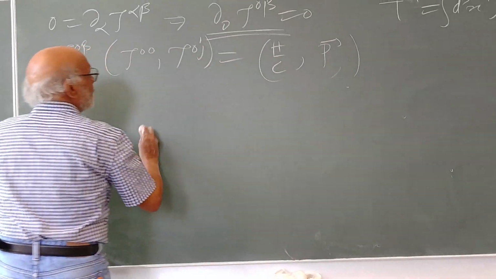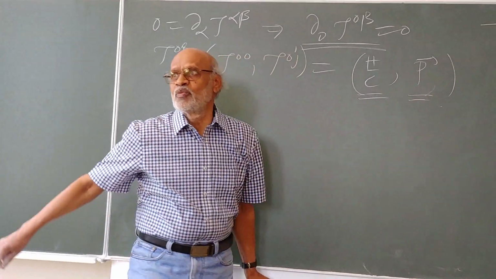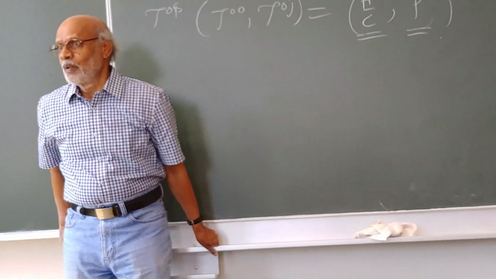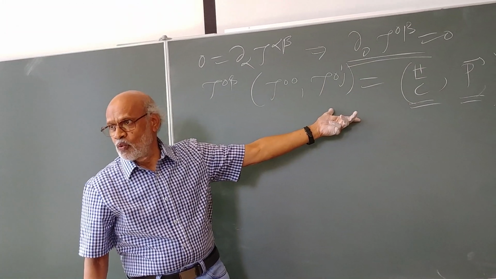And similarly, here there are 4 conserved quantities: field energy and 3 components of the field momentum. Okay, these are 4 quantities. Charge operator is separate. These are 4.